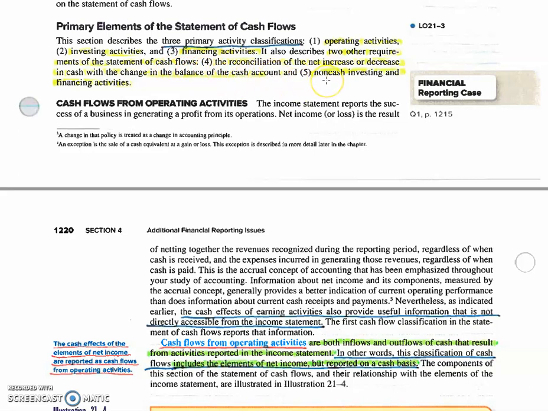Now, then number 5, non-cash investing and financing activities. What that is, if you go down and buy a piece of equipment, and rather than pay cash for it, you go to whoever is selling it and you sign a note with them. So it's kind of like you go to a car dealership to buy a car and you don't pay any cash, you just sign a note.